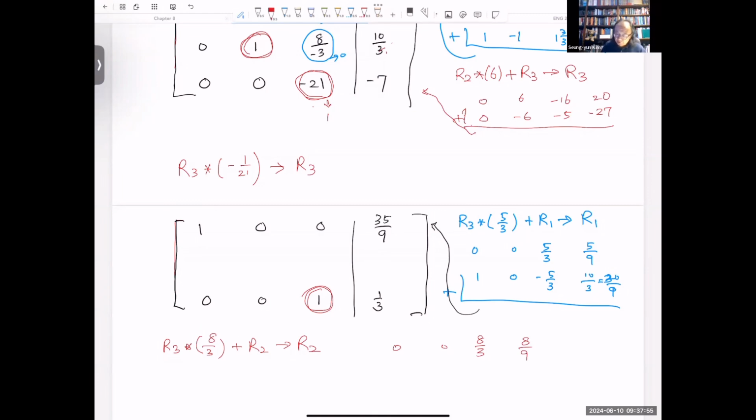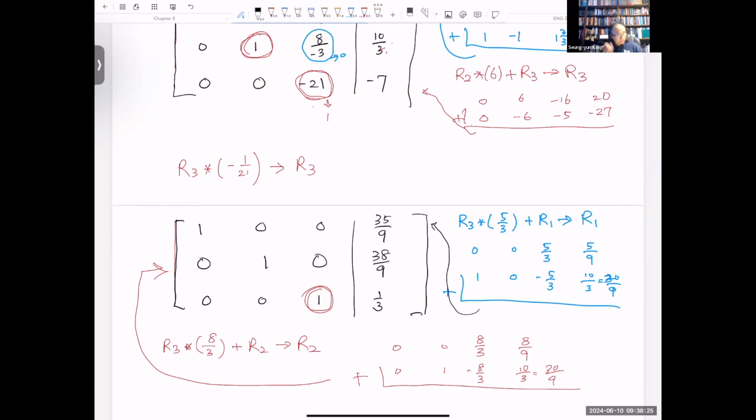We have R2 as 0, 1, negative 8 over 3, 10 over 3, which is 30 over 9, and we add. The result is 0, 1, 0, then 38 over 9.